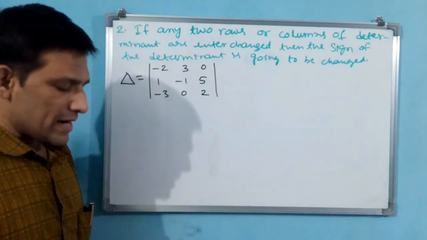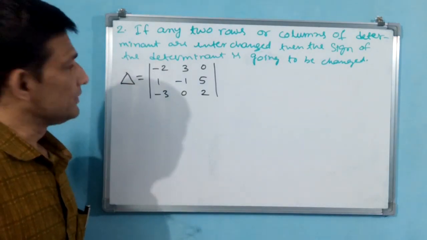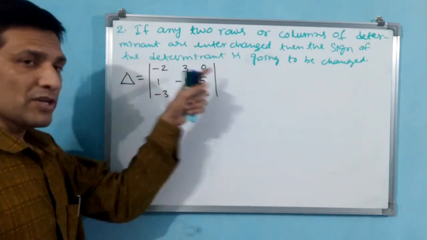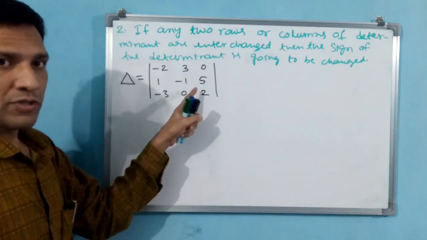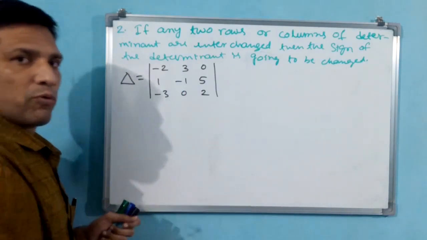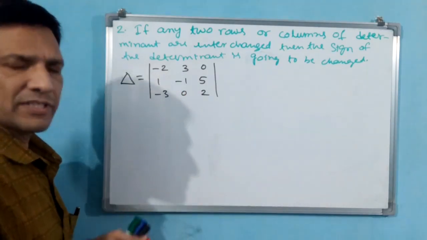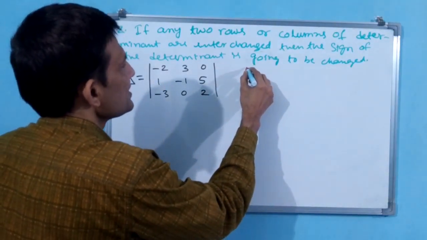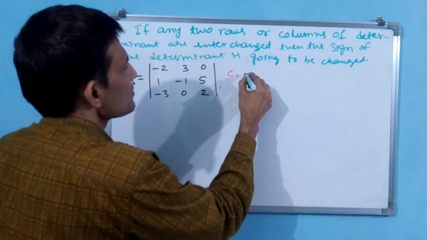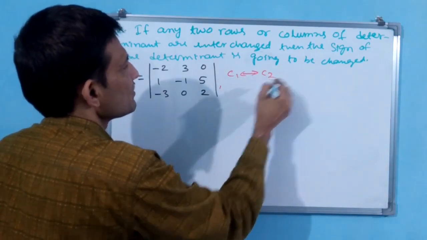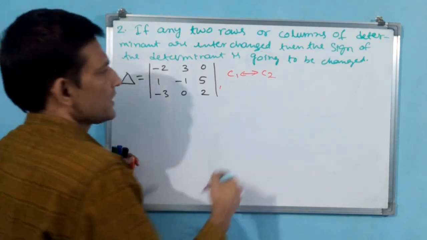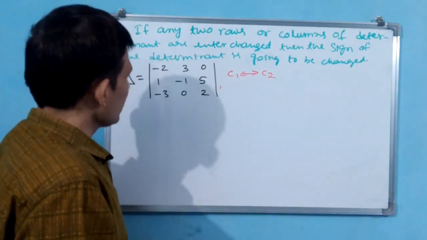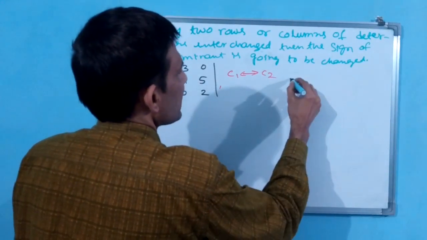Now what I am doing, you observe carefully. We are verifying with numbers. In verification we will interchange columns, and in the proof we will interchange rows, or else we interchange columns first here. Interchanging C1 and C2, this is going to become delta 1.